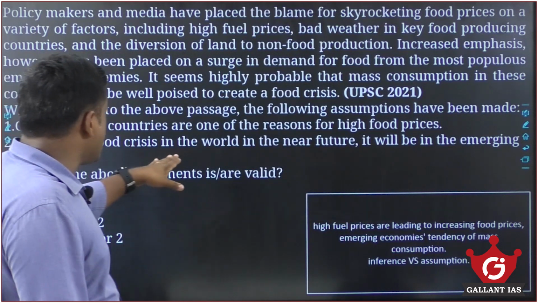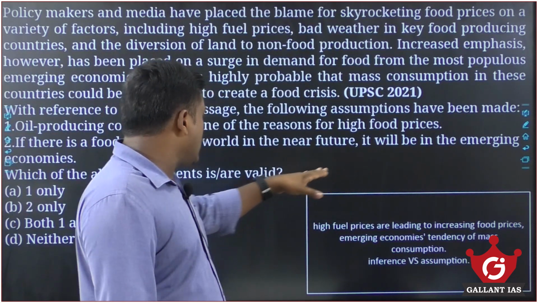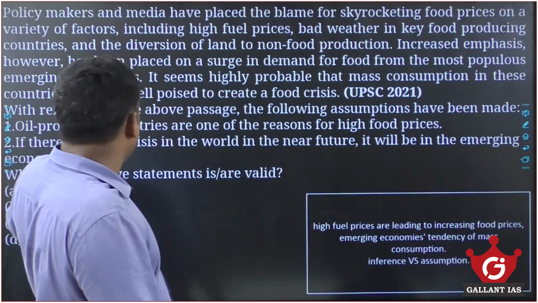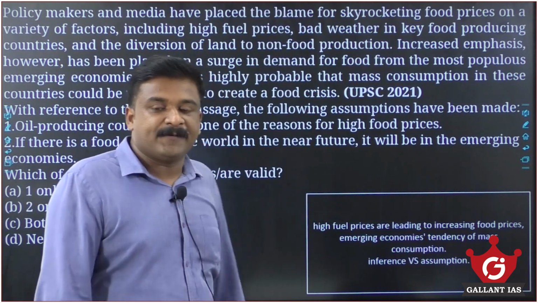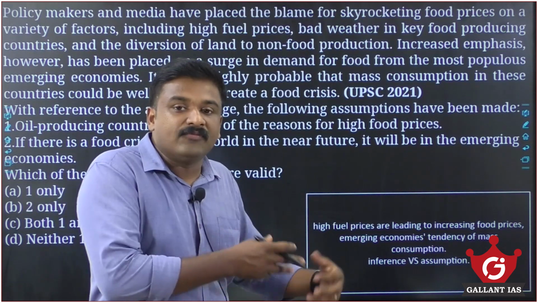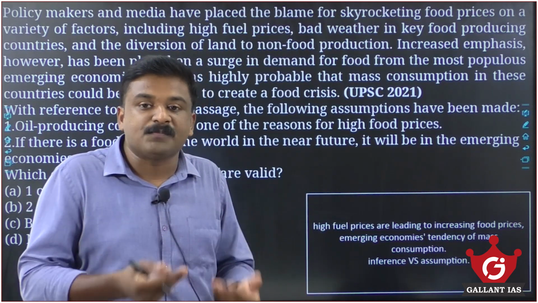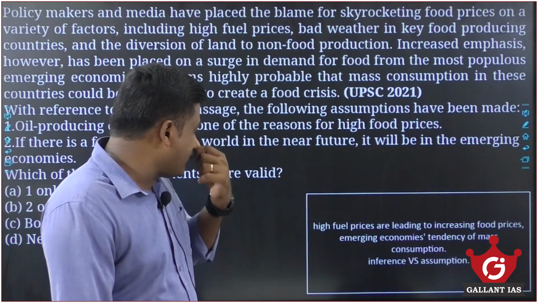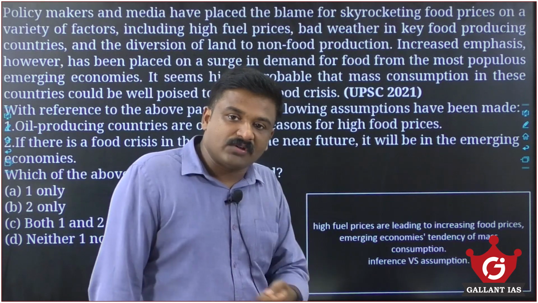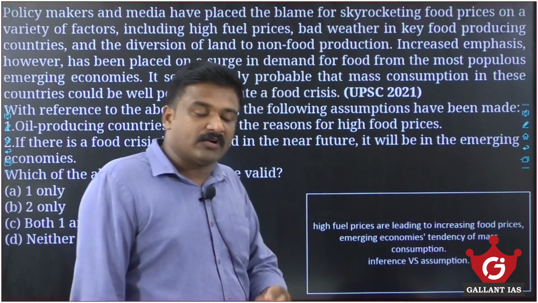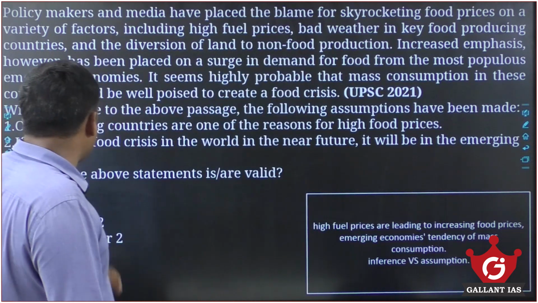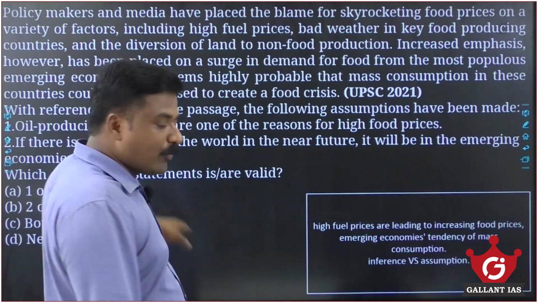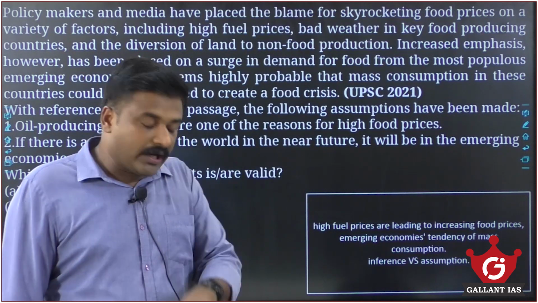Another option says if there is a food crisis in the world in the near future, it will be in the emerging countries. That is also a wrong idea. That can be an inference, but the question is asking for assumption. So here the fact is, emerging economies' tendency of mass consumption is responsible for the food prices. And what they say is that a food crisis in the near future will be in the emerging economies.